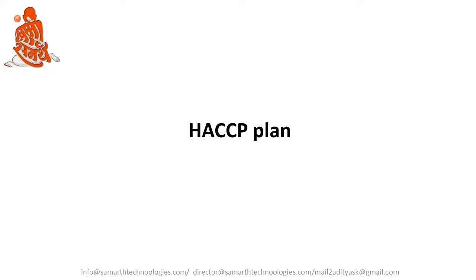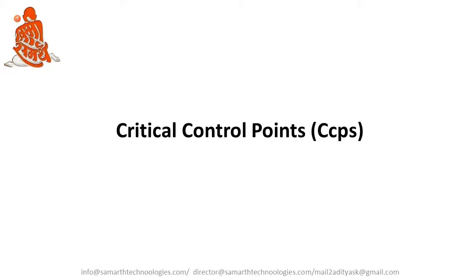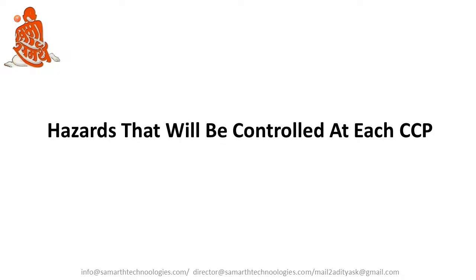An HACCP plan is a document that describes how an organization plans to manage and control its food safety hazards. An HACCP plan contains at least the following information. Critical Control Points, CCPs. Hazards that will be controlled at each CCP.